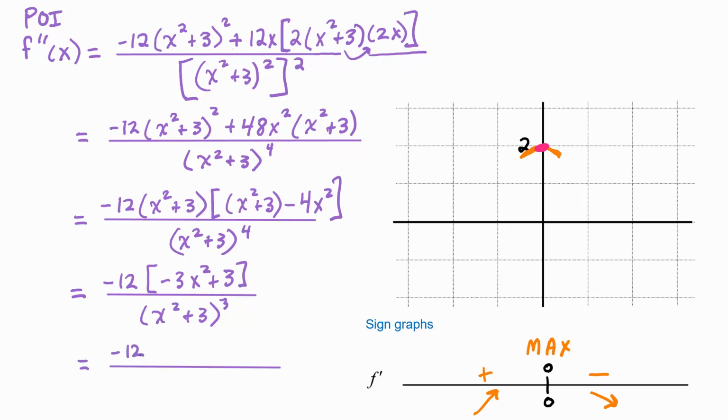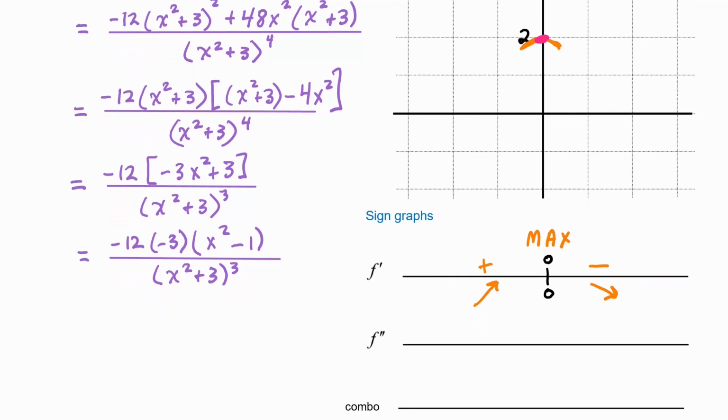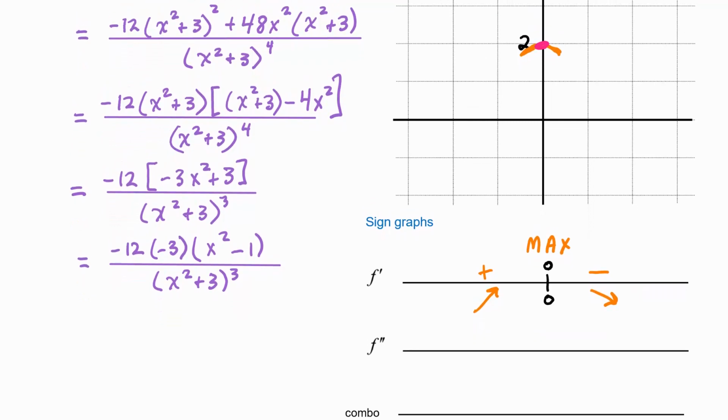From inside this quantity, we can factor out a negative 3, and we would have left x squared minus 1. We have our denominator, x squared plus 3 cubed. And we can simplify one more time here. The second derivative becomes 36. This quantity will factor into x plus 1, x minus 1, and then the denominator, x squared plus 3 cubed.